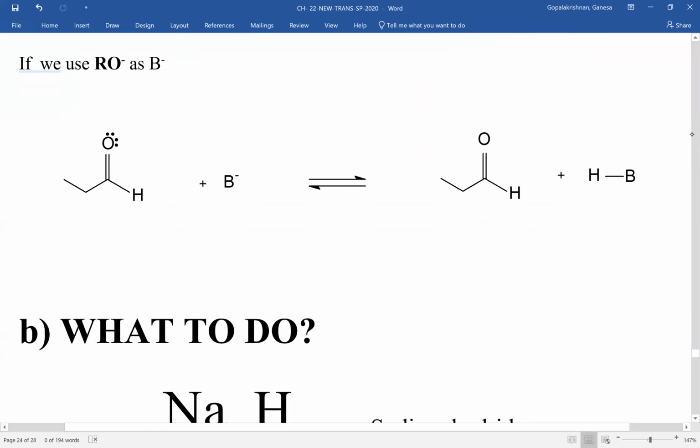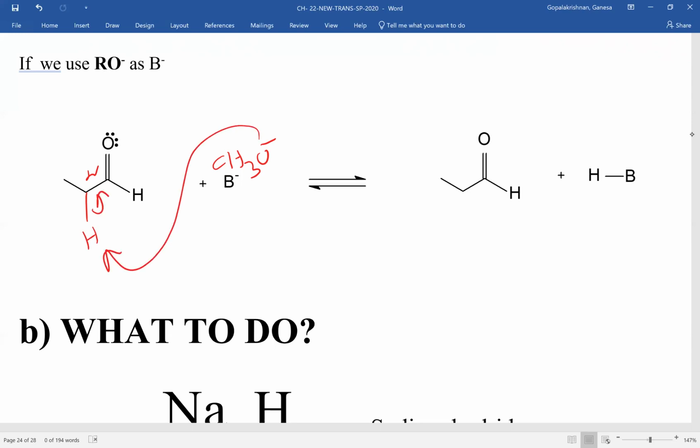What if we use alkoxide in the place of it? So say sodium methoxide. It is also going to pull the alpha hydrogen and make it into an enolate ion. And this will become CH3OH, an alcohol. The alcohol's pKa is about 15.5.